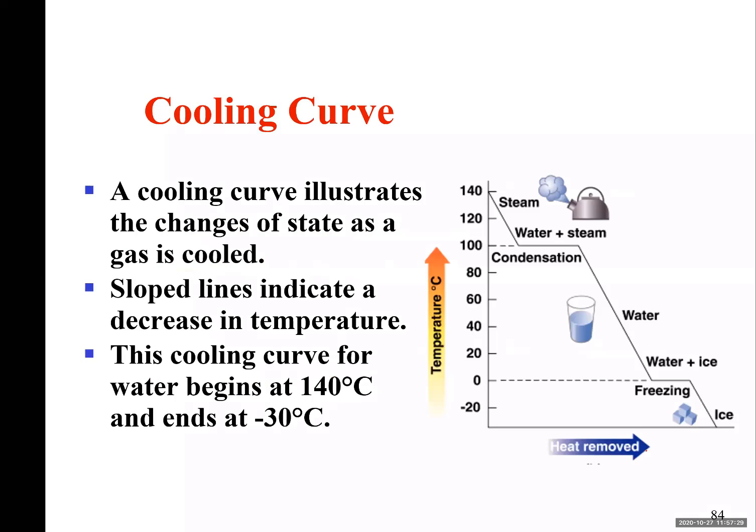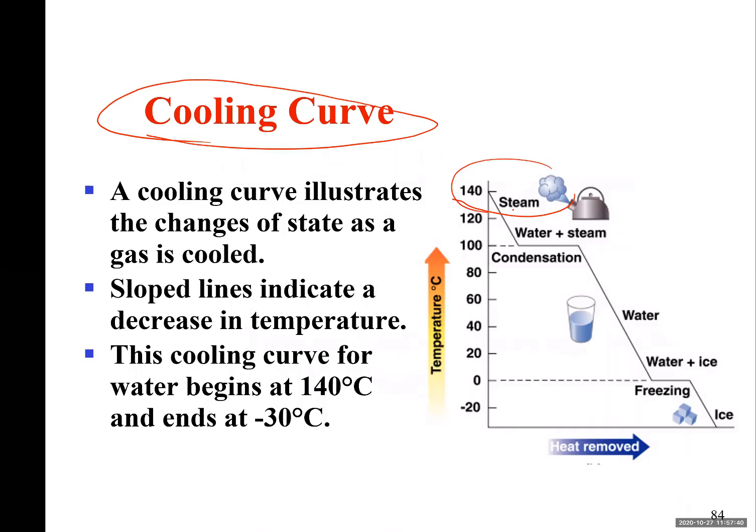All right, if I go to the next slide, you see the same behavior when you're cooling the system. Suppose we start with hot steam at 140 degrees Celsius, and we are placing this, let's say, in ice or a cold surface. We are removing heat.